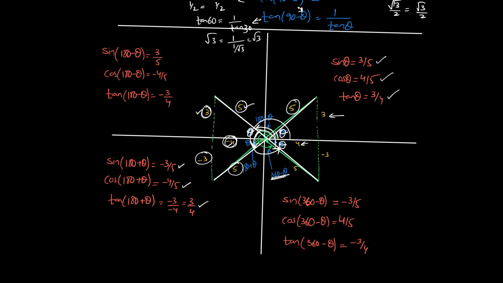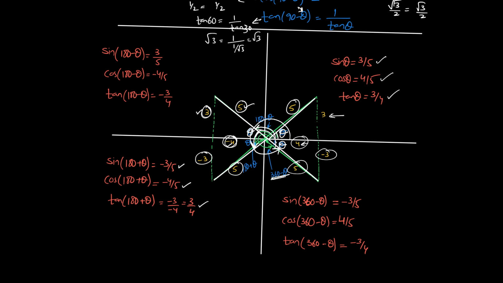If this angle is theta, then the leftover angle would be 360 minus theta. So let's evaluate the ratios of sine 360 minus theta. Sine 360 minus theta would be minus 3 over 5, cos 360 minus theta would be 4 over 5, and tan 360 minus theta would be minus 3 over 4.